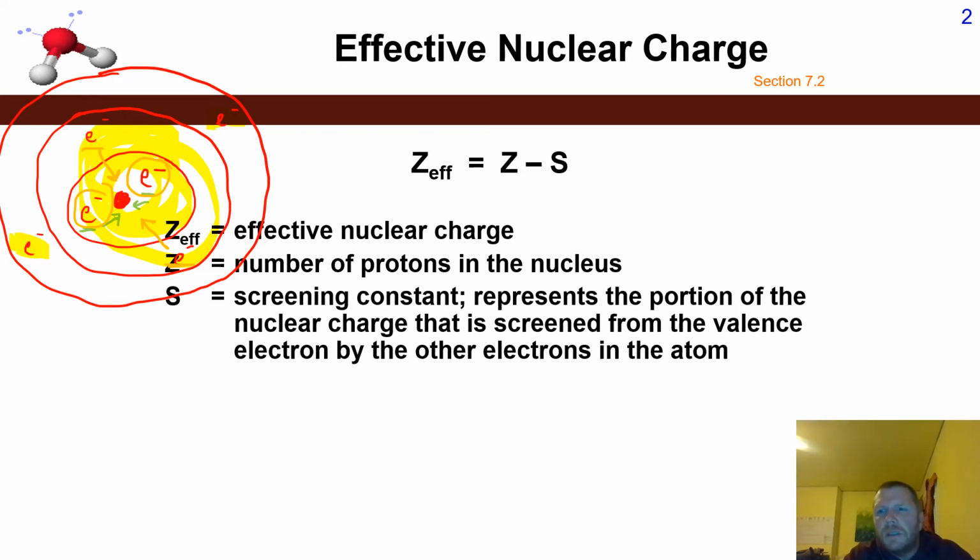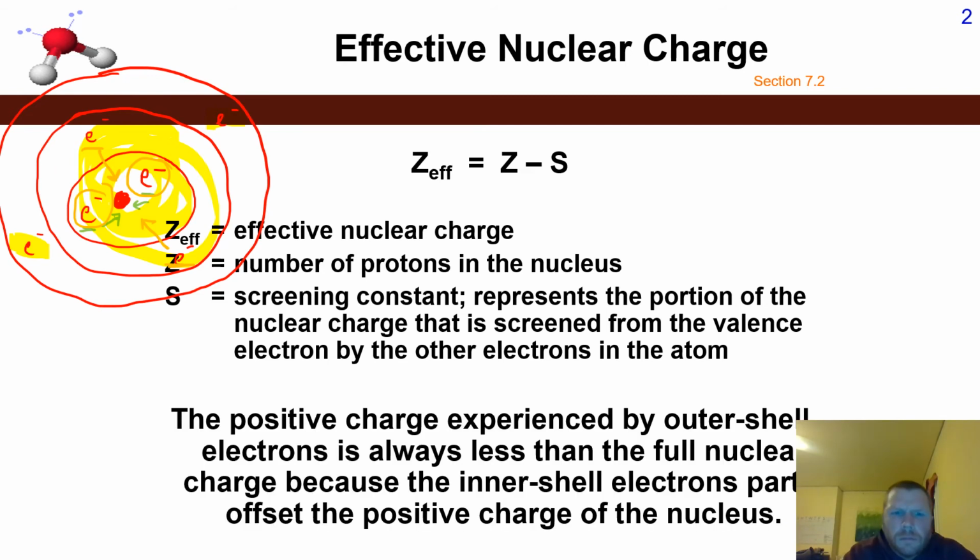So that's just something to keep in mind, that Z sub EFF takes into consideration all of the inner shell electrons that are blocking the force from the nucleus. Essentially, the positive charge experienced by outer shell electrons is always less than the full nuclear charge because the inner shell electrons partially offset the positive charge of the nucleus.